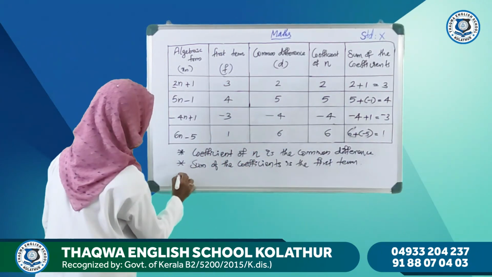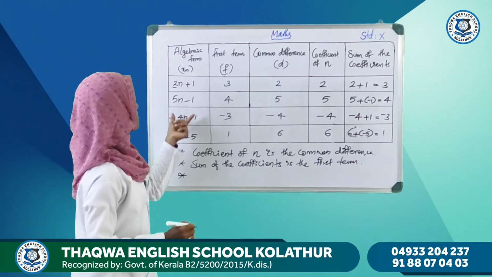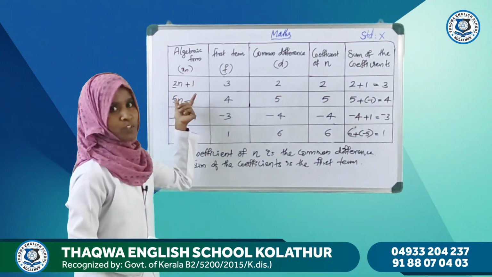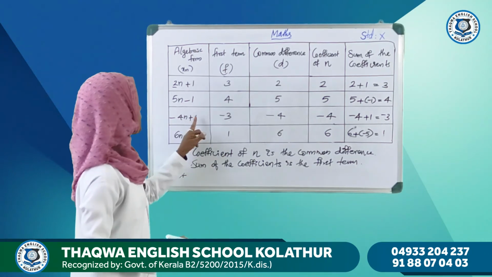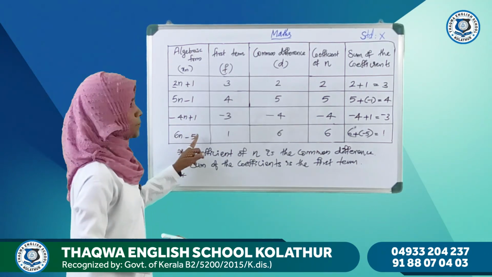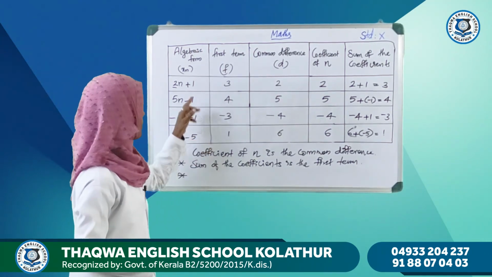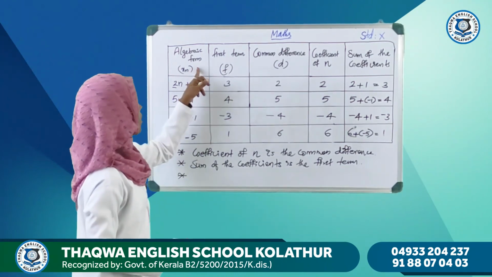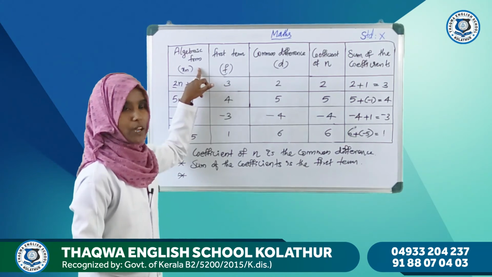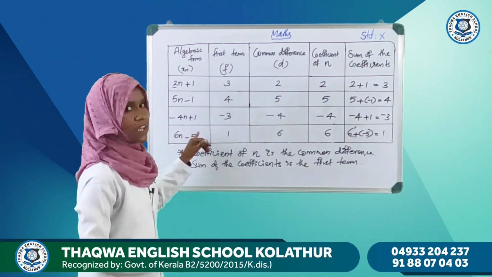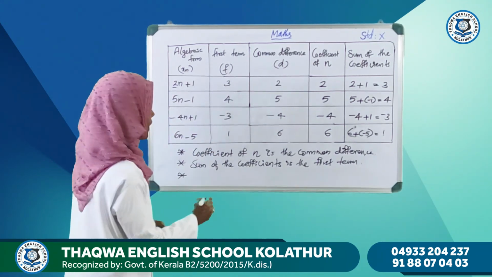Okay, next you just listen to these algebraic forms. 2n plus 1, 5n minus 1, minus 4n plus 1, 6n minus 5. Now we can say that the algebraic form is a first degree polynomial.